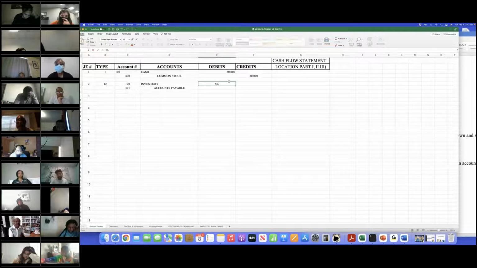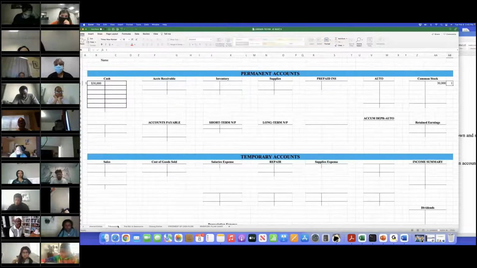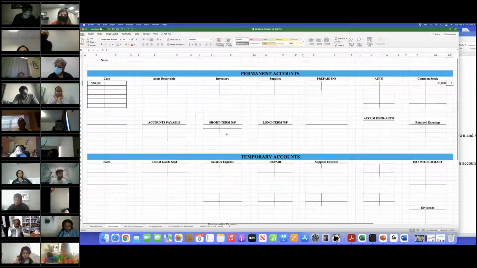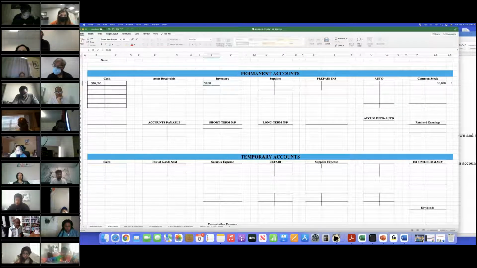And now we're going to post this to the ledger. So we're going to go to our T accounts, inventory. We're going to debit it for 50,000 because it was a debit in the journal entry, which is number 2.